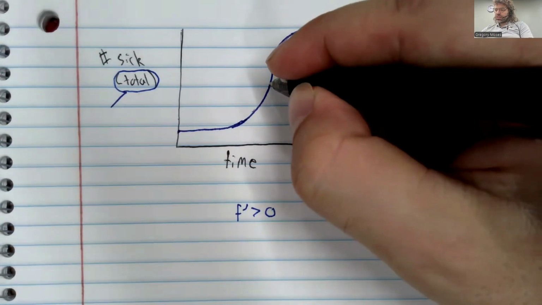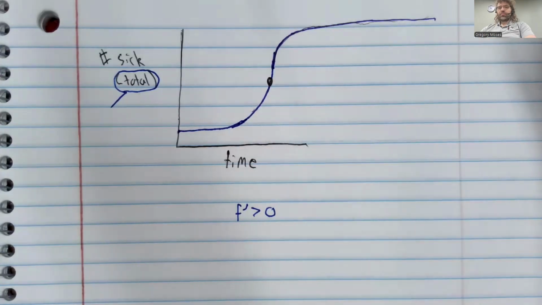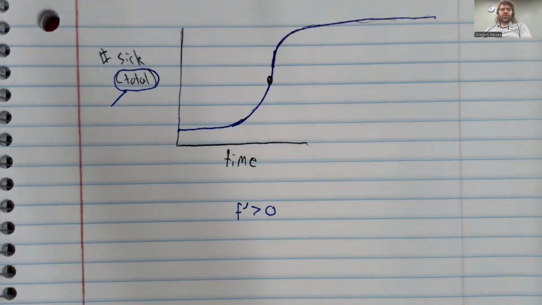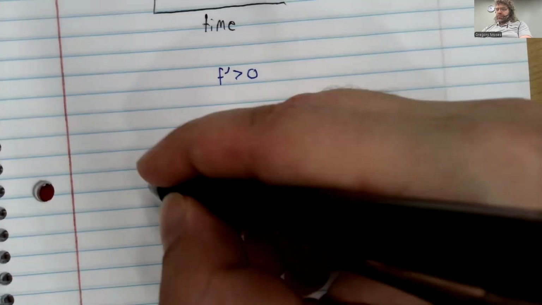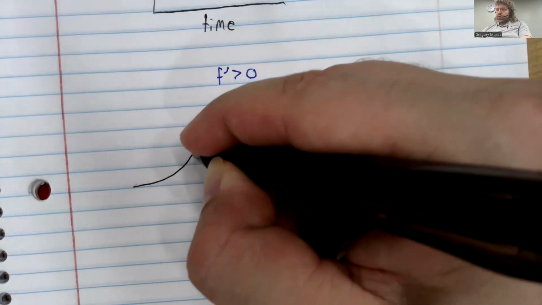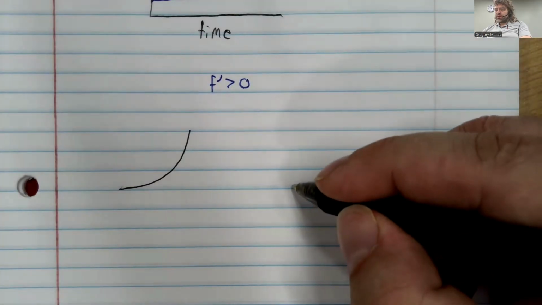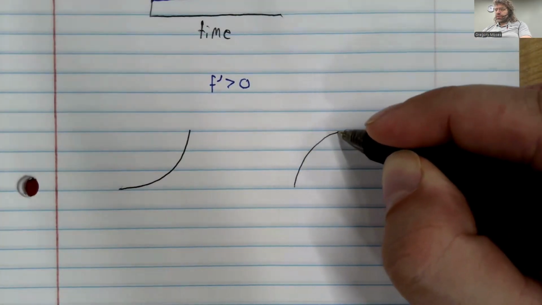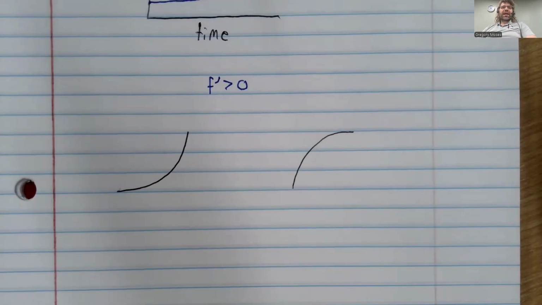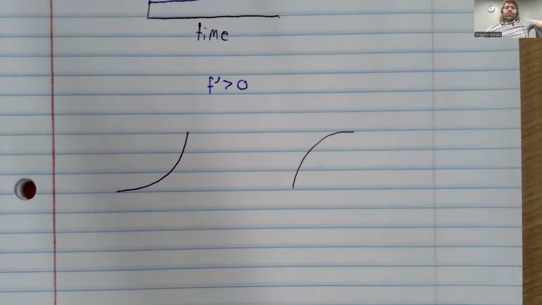And that happened around here. And if you look at the graph before that point, and you look at the graph after that point, there's clearly a difference between these graphs.